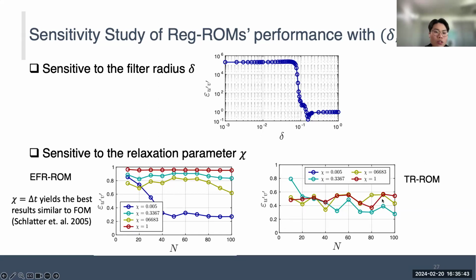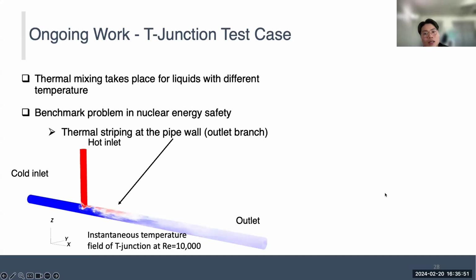And for time relaxation, it's less sensitive than EFR, but you still see some sensitivity. Okay, so those are the results for the turbulent channel flow.